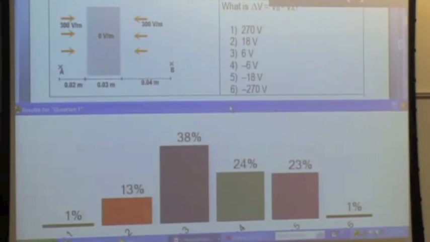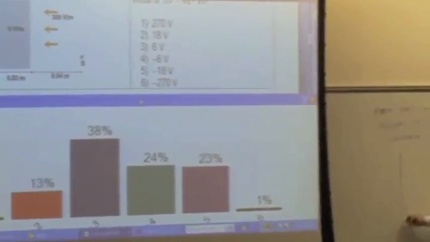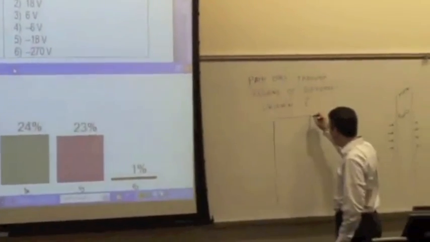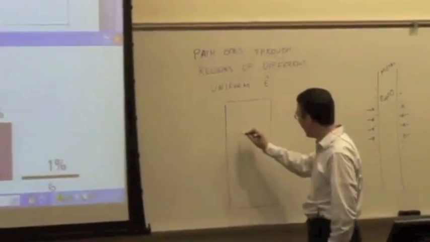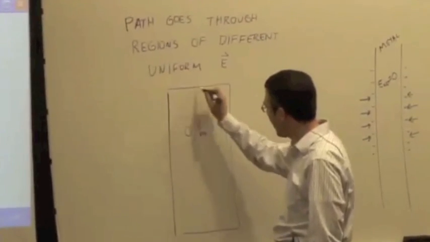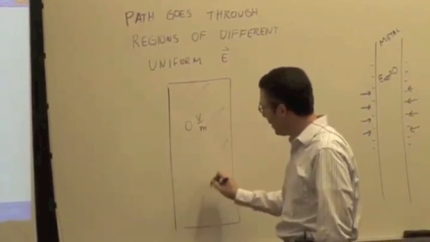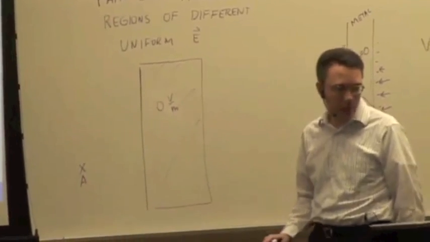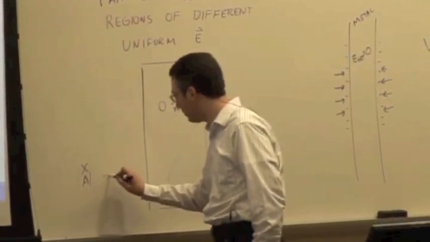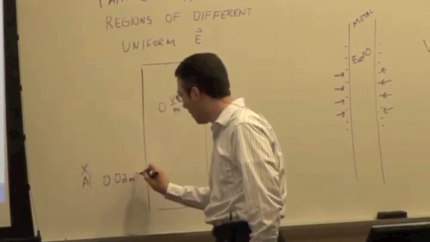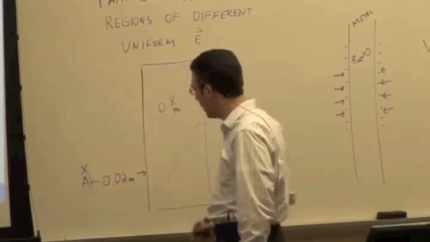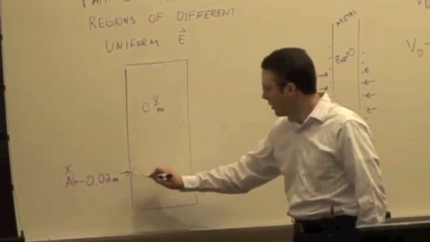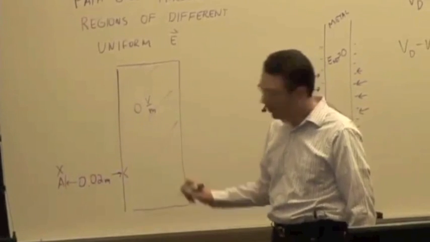So let's see. We have a situation where we have 0 volts per meter inside this metal block. And A is here, and it's 0.02 meters away from the surface. This distance is 0.03 meters.